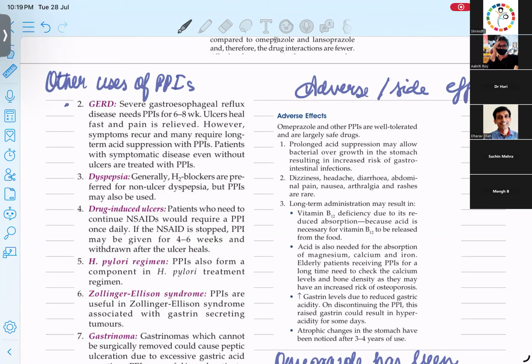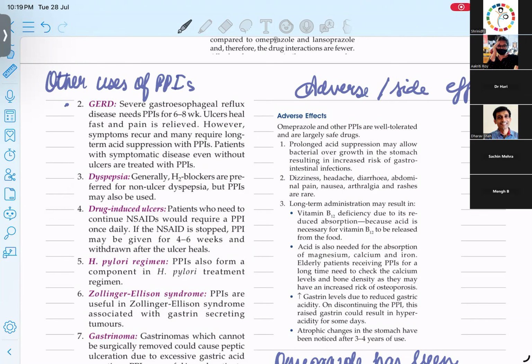There is also irrational use of PPIs, because we know PPIs are available over the counter. In pharmacies, as soon as we say Pandy or Pantop, they give it immediately, so patients keep taking pantoprazole and different medicines for a very long time without any proper diagnosis, which can increase the risk of gastrointestinal infections. Dizziness, headache, diarrhea, abdominal pain, arthralgia, and rashes are very rare but can be there.